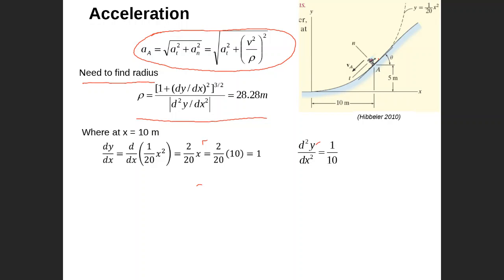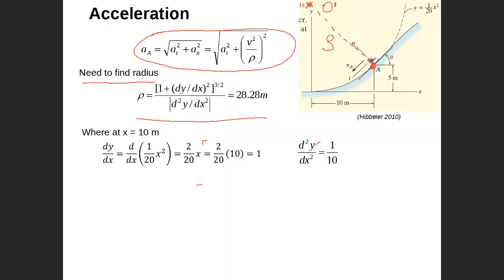So at this instant, when we are at point A, there is some corresponding arc with corresponding radius and some corresponding center of curvature. So our objective is to find this radius, rho.